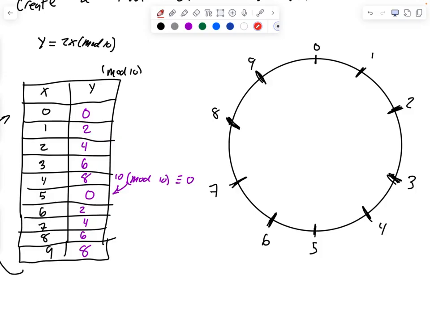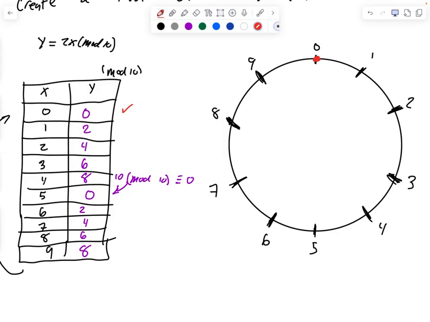What does 1 connect to? Look at your table. The output for 1 is 2. So I start at 1 and I connect it to 2. That's how we draw our graph. 1 goes to 2.